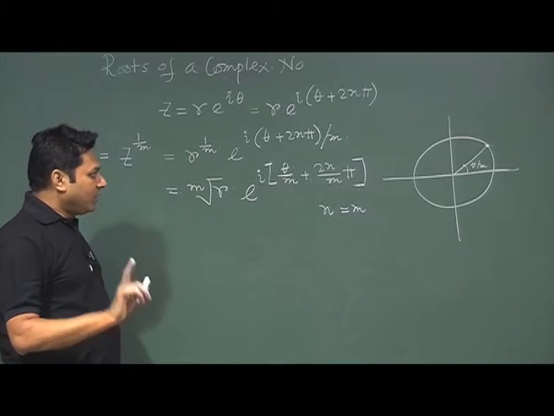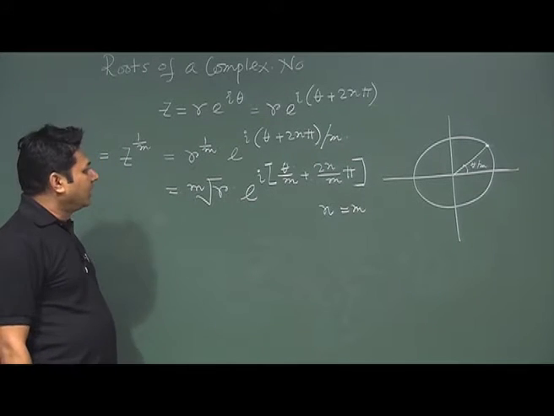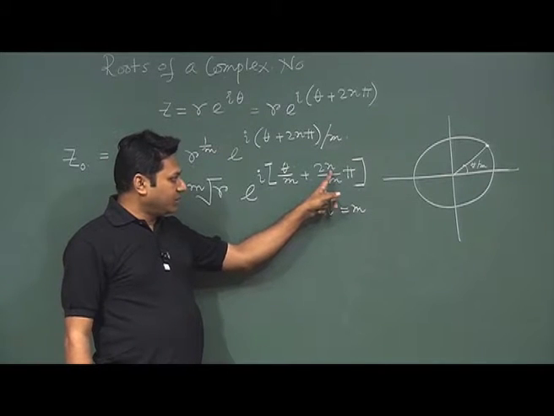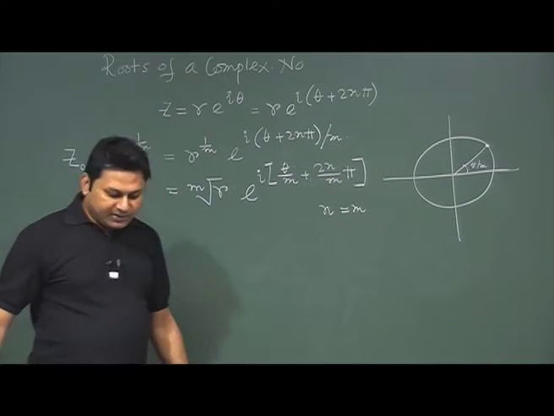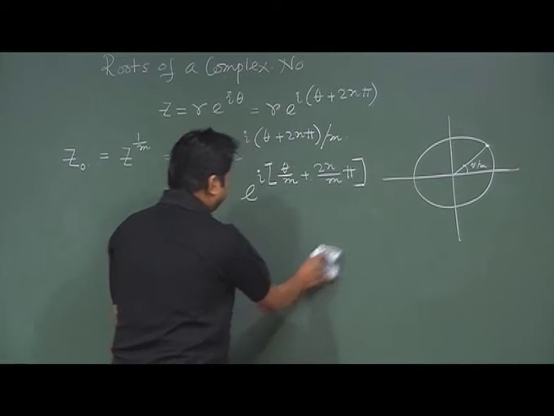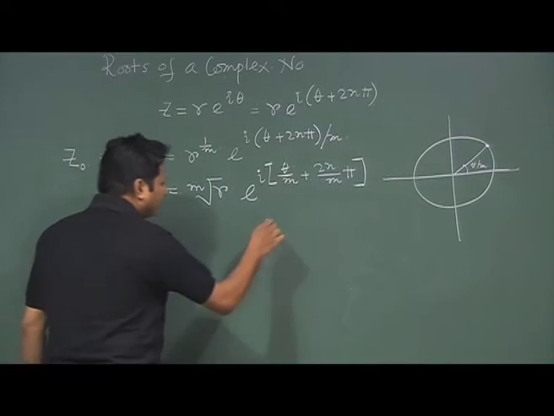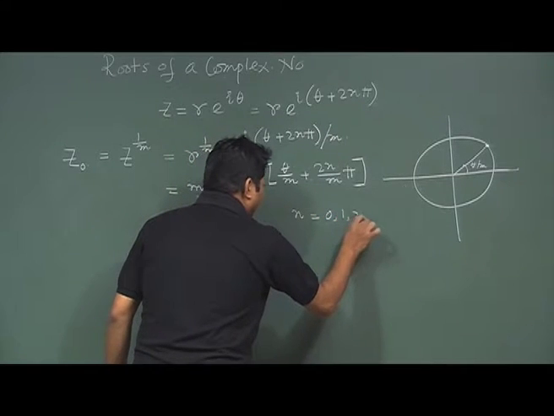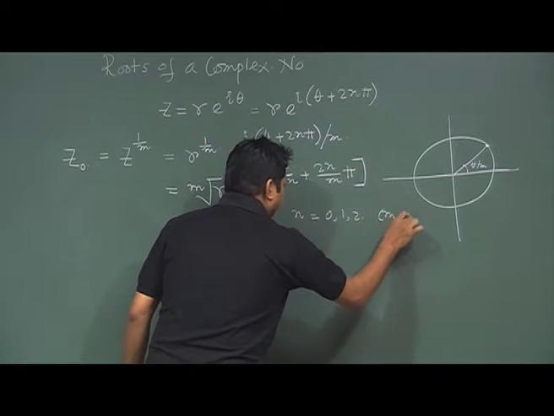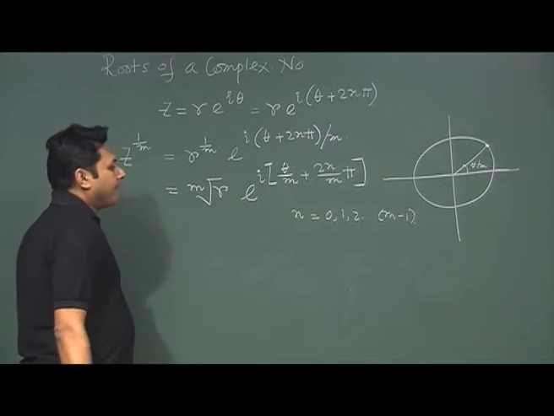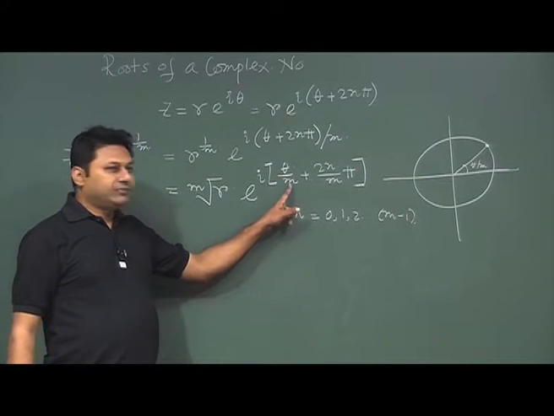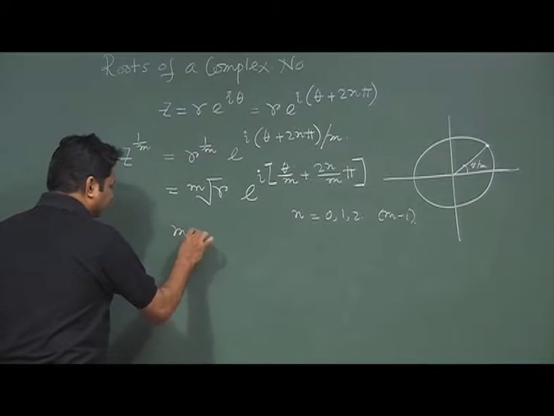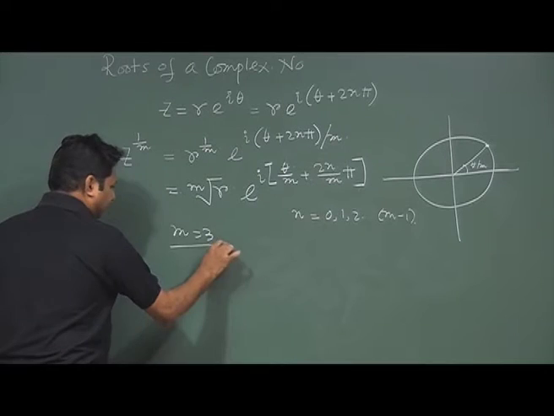That means in order to have the distinct roots, my n should have some kind of restriction here, because I try to find out what is my distinct root. So, the values of n will be 0, 1, 2 up to m minus 1. For this, m is fixed, say m is 3 as an example.